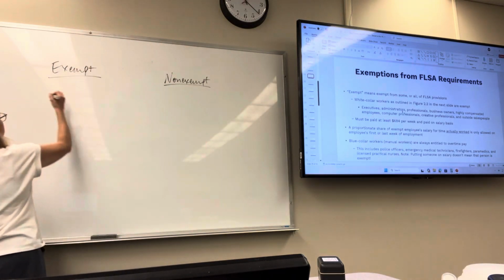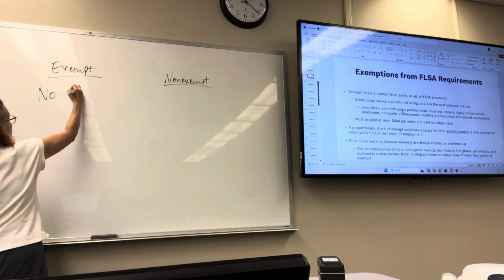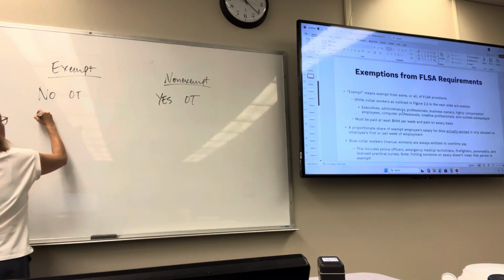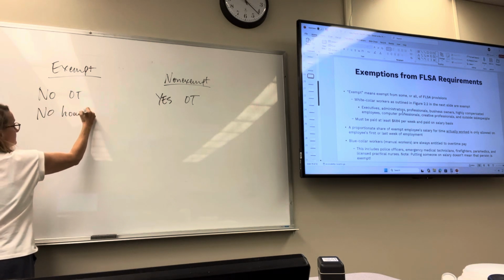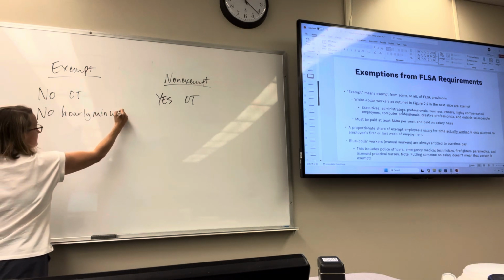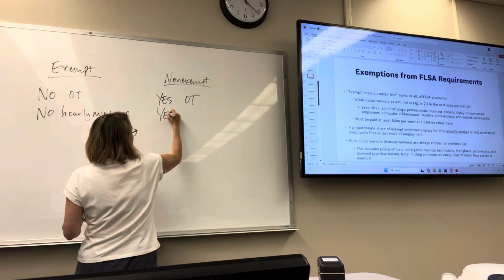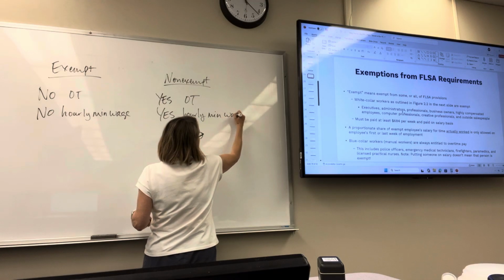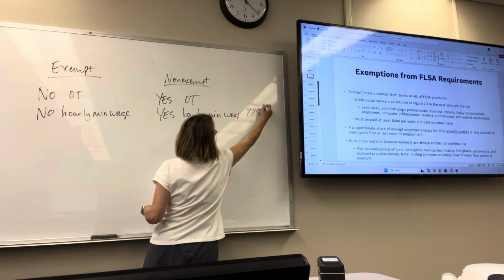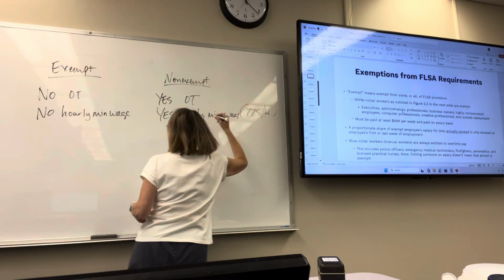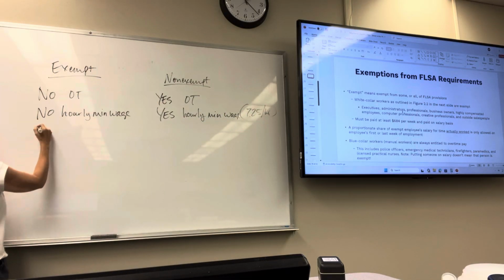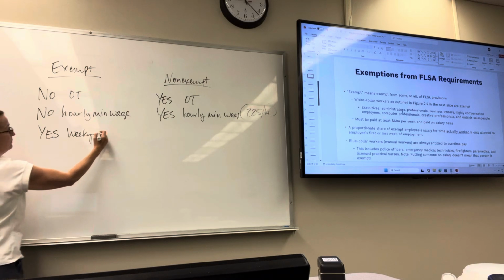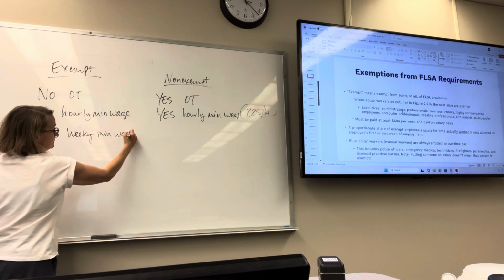For exempt employees, no hourly minimum wage, and no overtime. For non-exempt employees, yes, overtime, and yes, hourly minimum wage, so that's $7.25 an hour that they are required to be paid. Exempt employees do have a weekly minimum salary that they have to be paid.